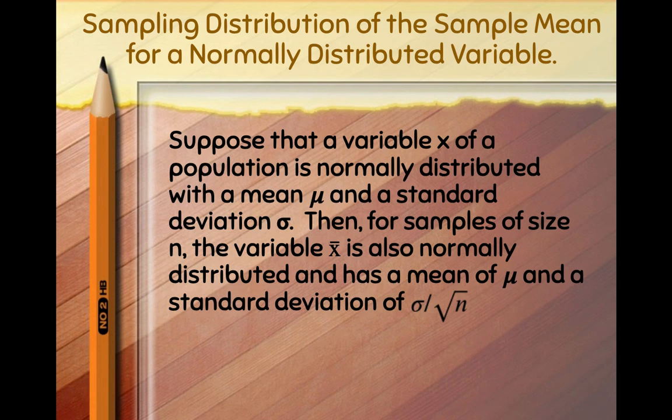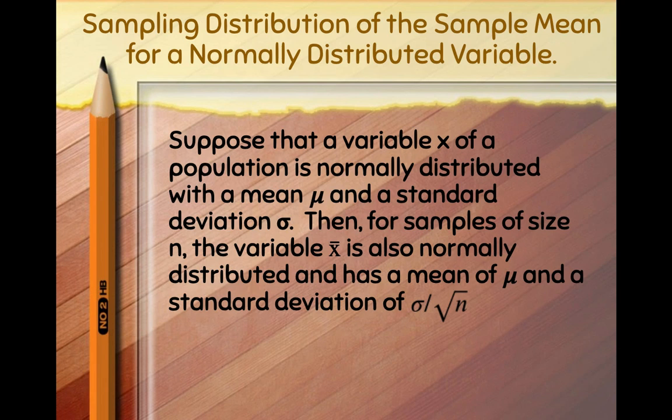So to finish this up, we have a variable that is normally distributed with a mean of mu and a standard deviation of sigma. Then the sample size is of size n. So we take a sample from this variable that's normally distributed.